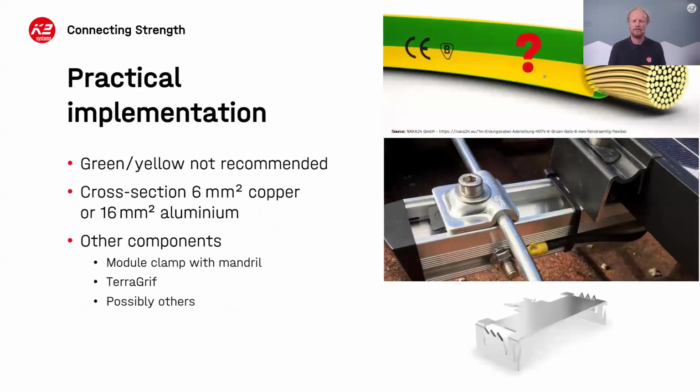So how do we go about doing either earthing or this equipotential bonding for a system integrated in the lightning protection? It is generally recommended that for protective equipotential bonding, a green and yellow cable is used. However, this is not 100% necessary.